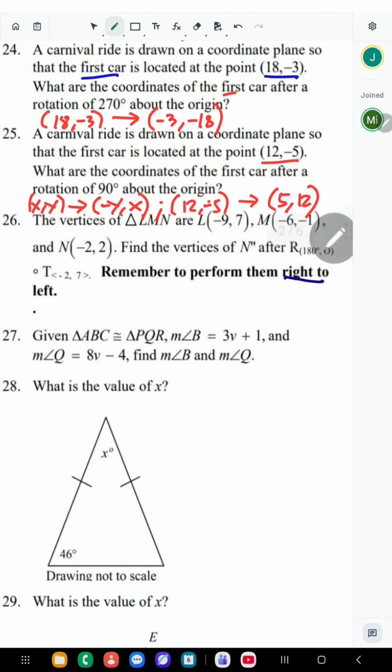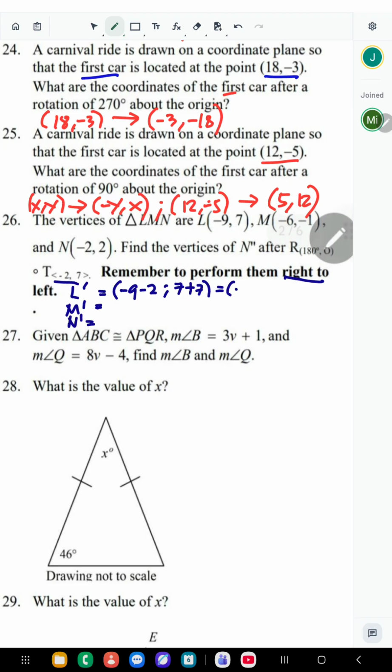It says here right to left. So from negative 9, 4, okay, L prime, that would be M prime. So that would be negative 9 minus 2. Yeah, because we have negative 2 there. This one, a translation first. Then 7 plus 7.